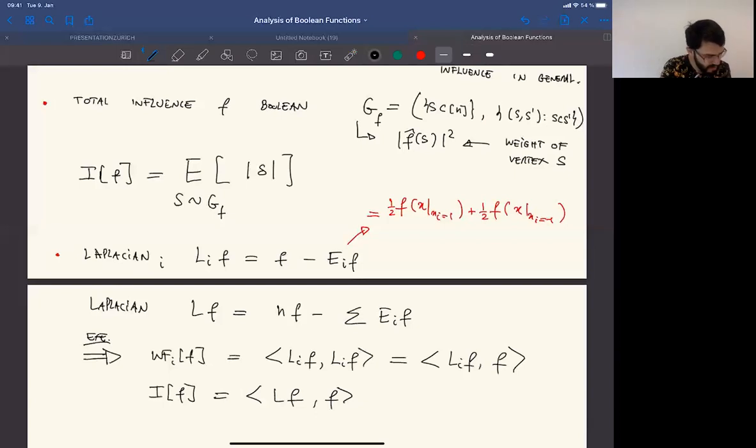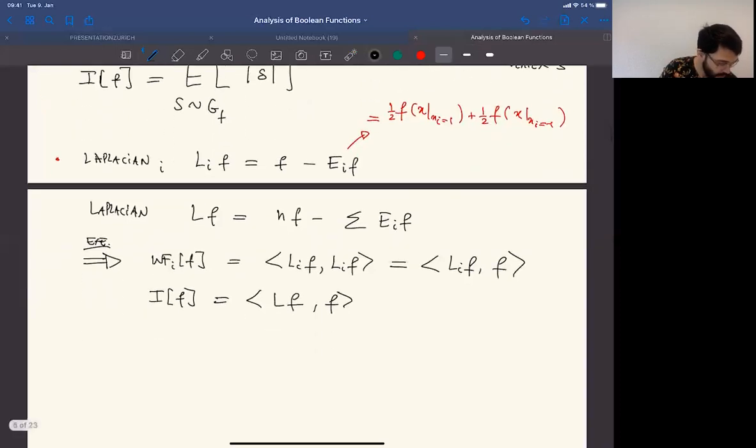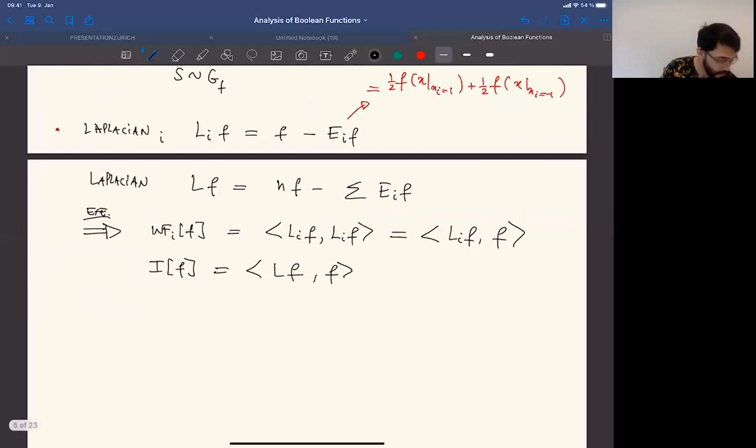Okay, what else I want to say? And there is a nice result you can show, more like a proposition, that the influence of f is less or equal than the influence of the majority function.